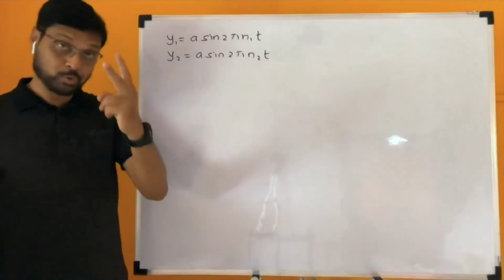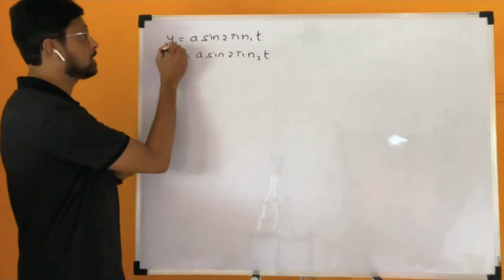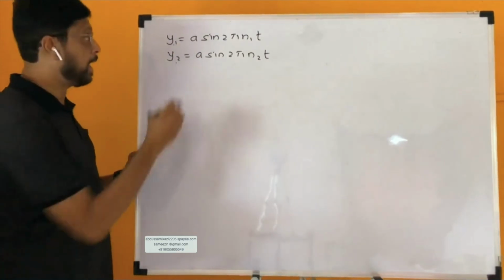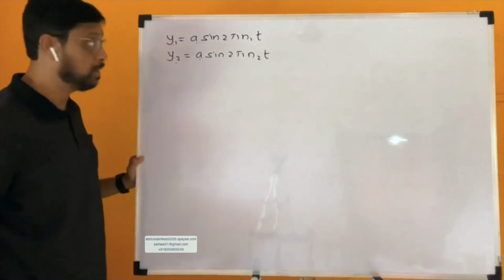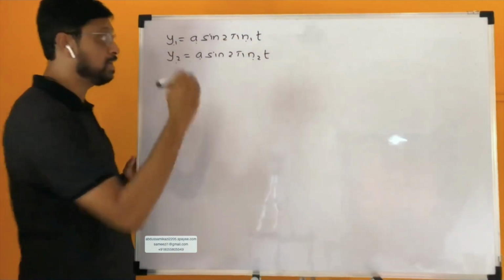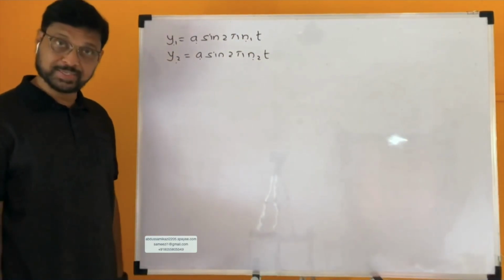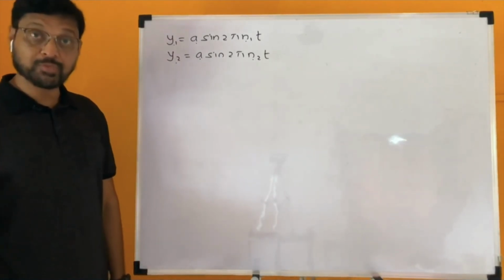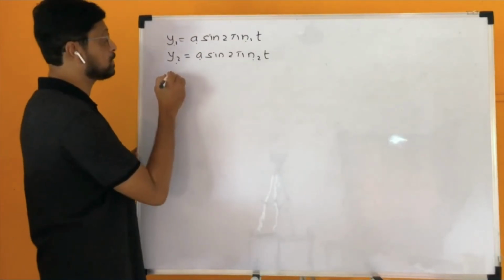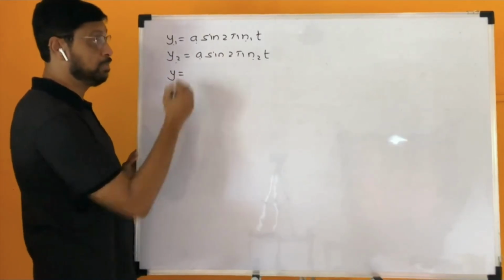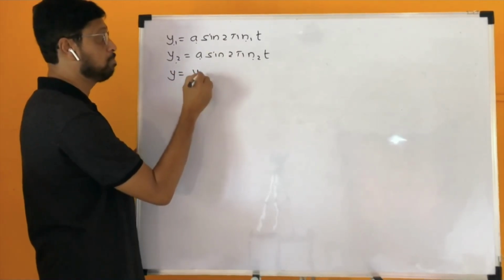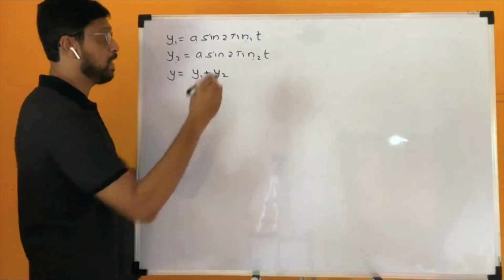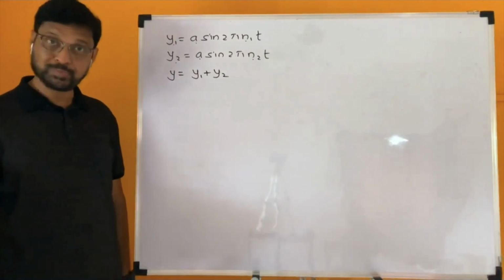These are two waves along the same path having the same amplitudes but slightly different frequencies. When there is superposition of these two waves, what will happen? The resultant displacement y will be the vector sum of the two, meaning y1 plus y2.